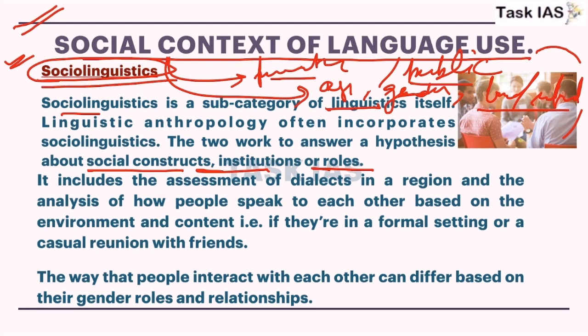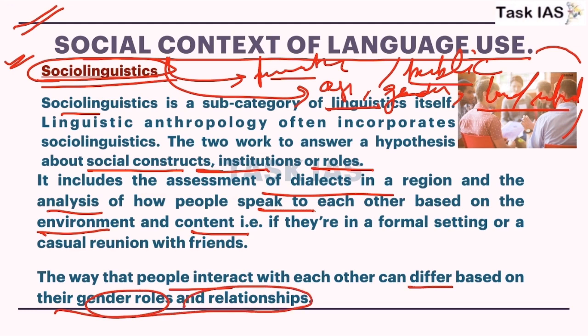It includes assessment of dialects in a region, and analysis of how people speak to each other on the basis of environment and context. The way people interact with each other can differ based on their gender roles and their relationships. For example, if someone is a boss or someone is a student, all these factors influence how language is used.